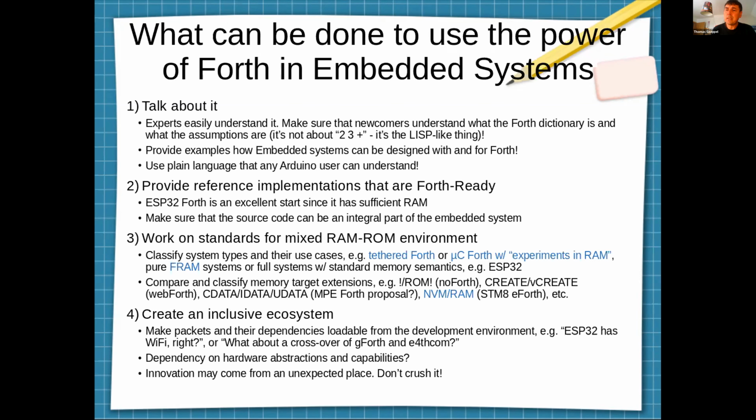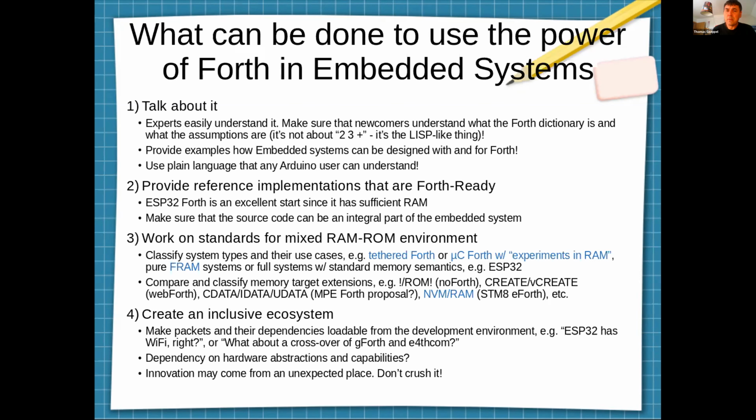Experts easily understand what a dictionary means and what the relation between the source code and the dictionary is. Make sure that newcomers understand it and what the assumptions are. Learning Forth is not about 2, 3 plus. It's about something very close to Lisp, that owes itself to symbolic programming.